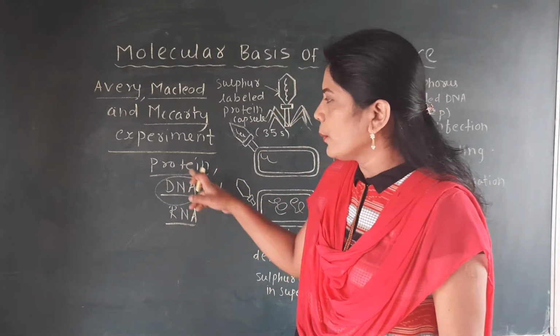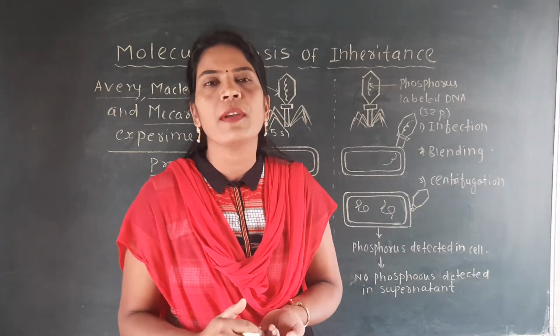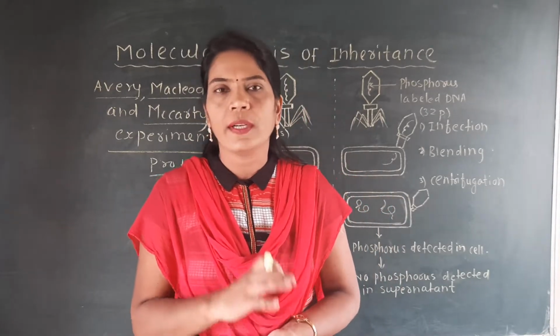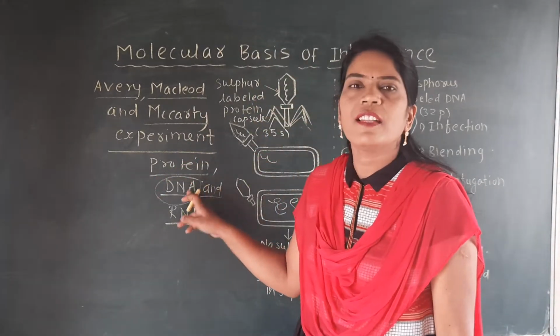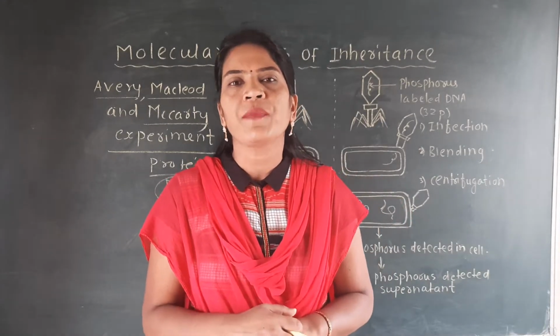They found that protein and RNA do not have any role in the transformation of R strain into the S strain. Only DNA is responsible for transformation of R strain into S strain.